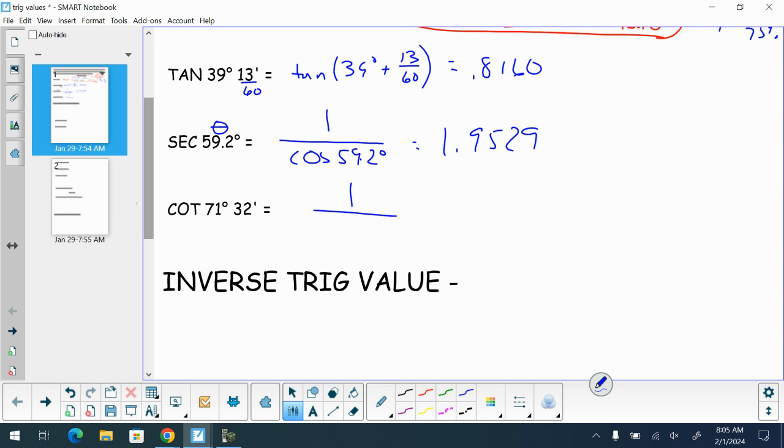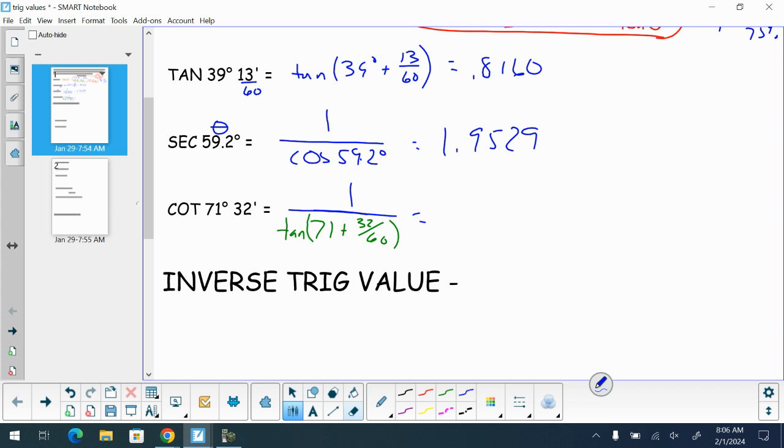Check your answer with somebody around you. You should be able to rewrite 1 over the tangent of 71 degrees plus the 32 divided by 60.